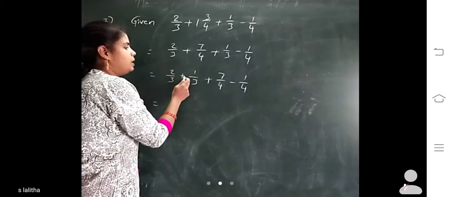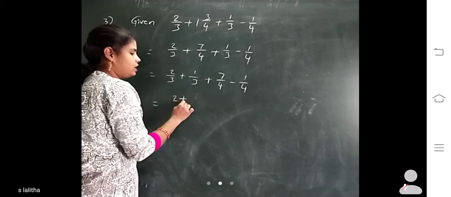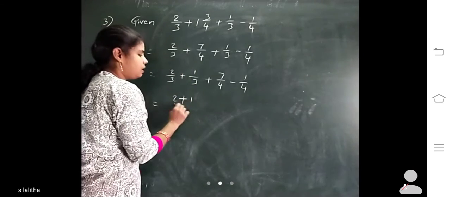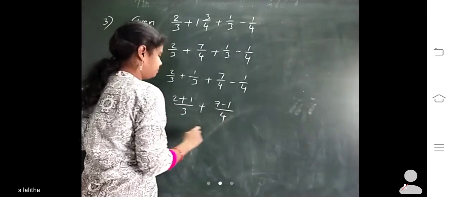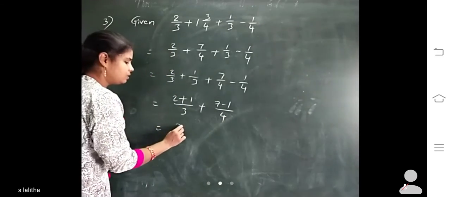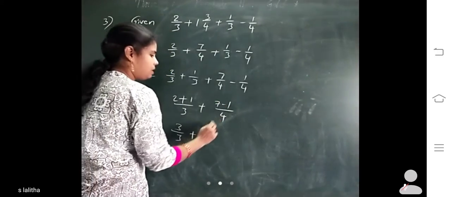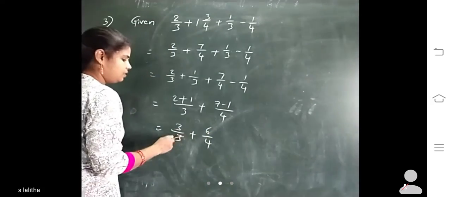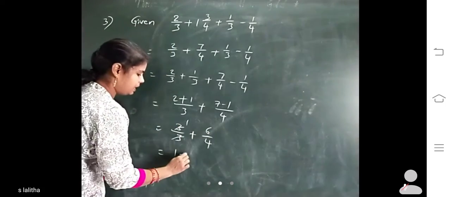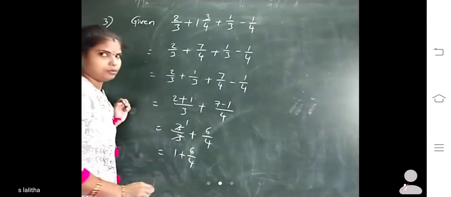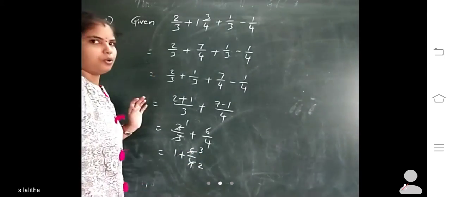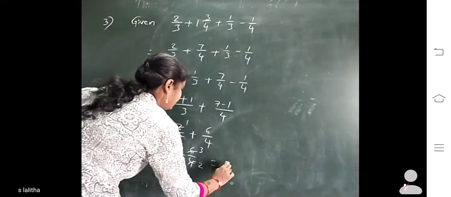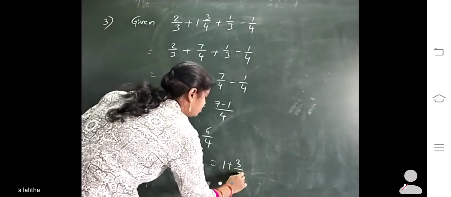So for these like fractions, add the numerators: 2 plus 1 by 3, plus 7 minus 1 by 4. 2 plus 1, how much? 3 by 3 plus 7 minus 1, 6 by 4. 3 1s are 3, that is 1, plus 6 by 4. 2 3s are 6, 2 2s are 4. So what will we get? 1 plus 3 by 2.